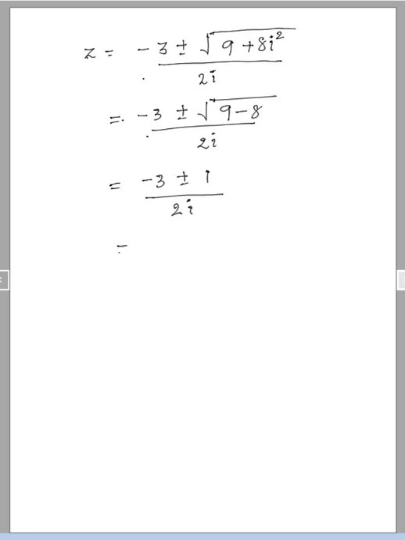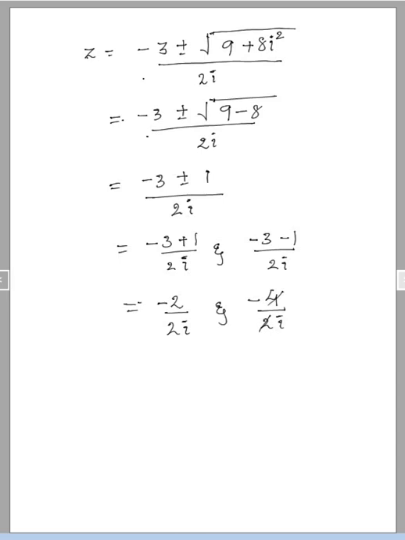So we can split this into minus 3 plus 1 divided by 2I, and another value minus 3 minus 1 divided by 2I. This is equal to what? Finally you are going to get minus 2 by 2I and minus 4 by 2I.